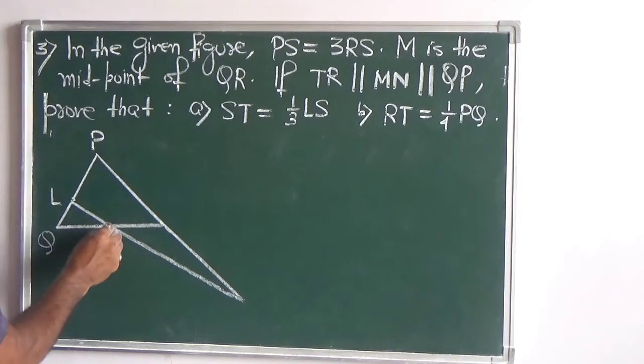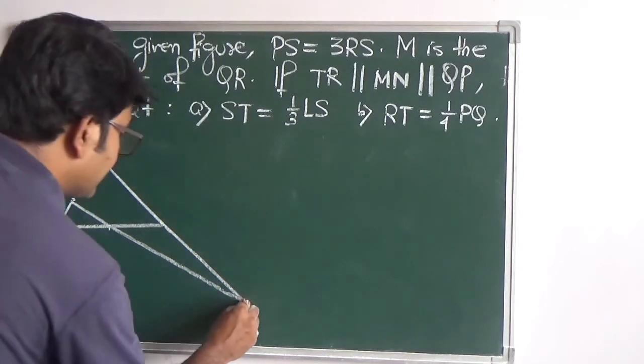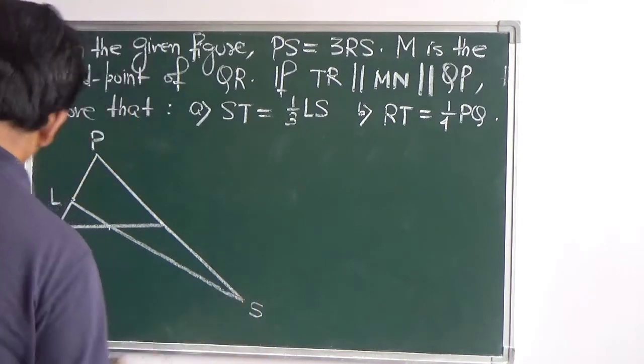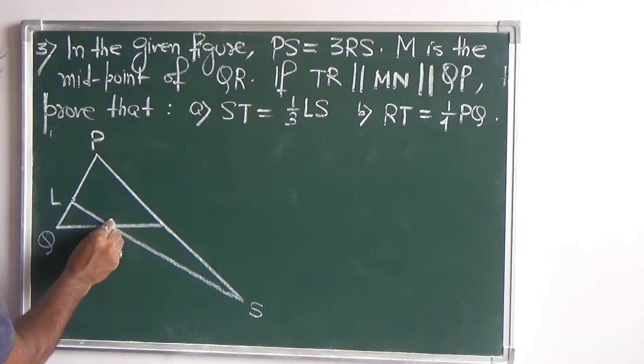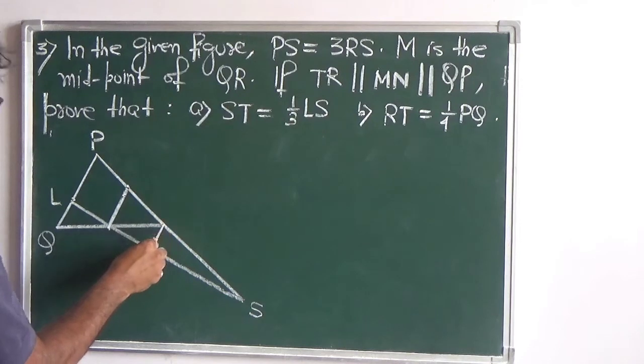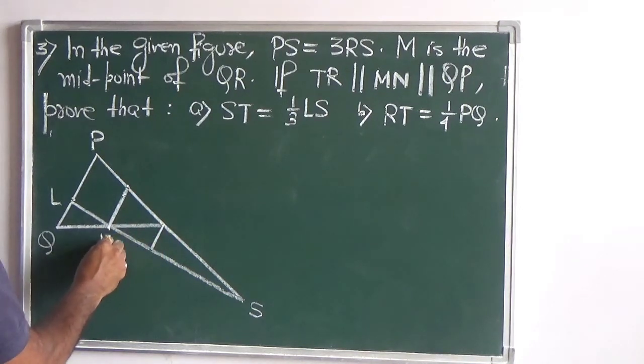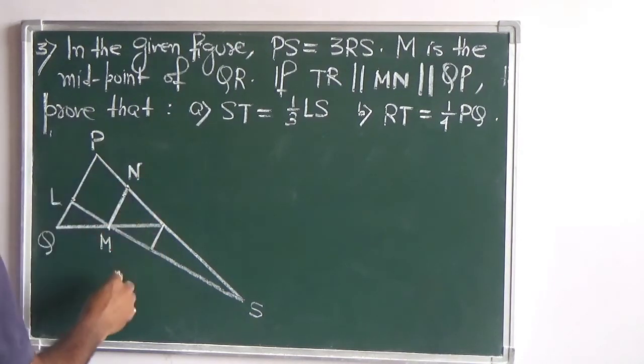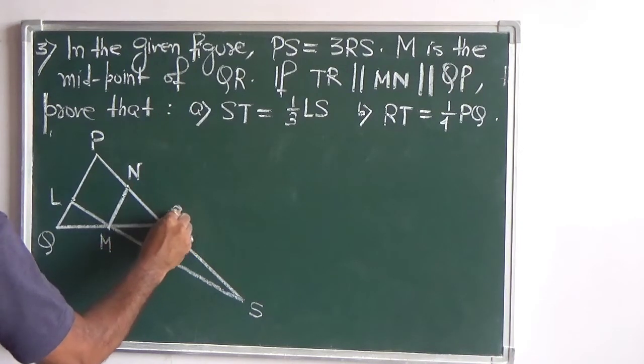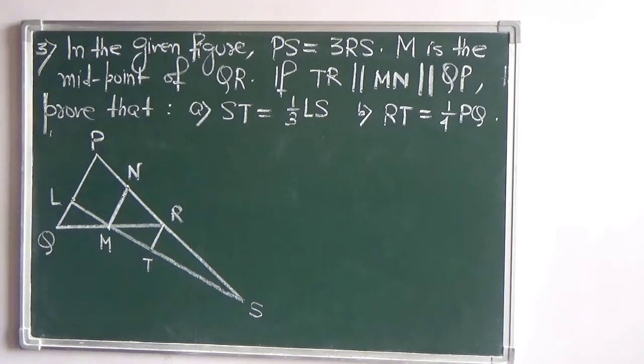So in the given figure, PS, and let me write down, this is the point S. Then we have this line. So this is M, this is N, this is T, and this is R. So here is the diagram for you. Now let us use this diagram and find out how you can prove part A and part B of this particular question.